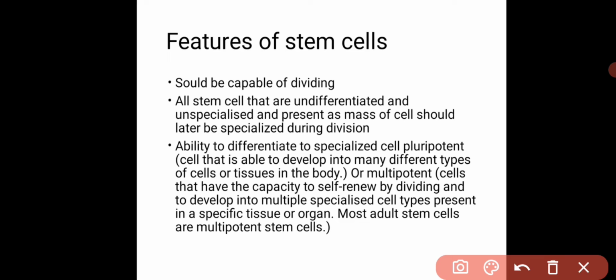The third point is the ability to differentiate into specialized cells, that is pluripotent or multipotent. So the cell can become either a pluripotent or a multipotent cell.